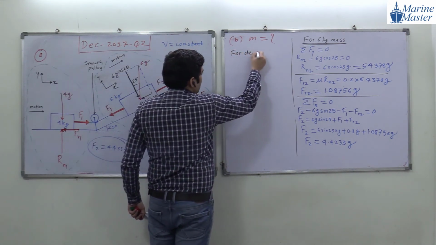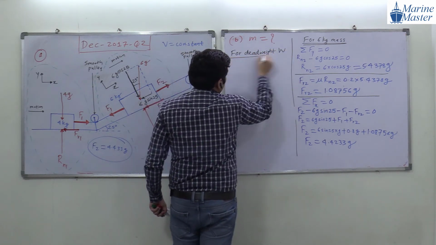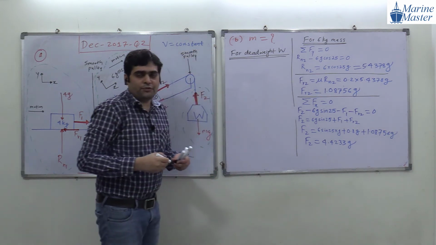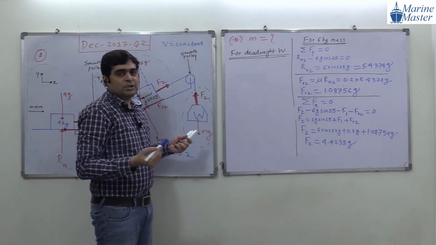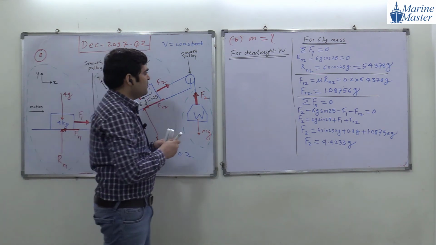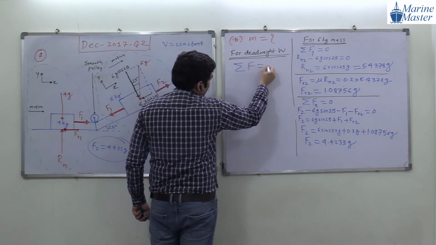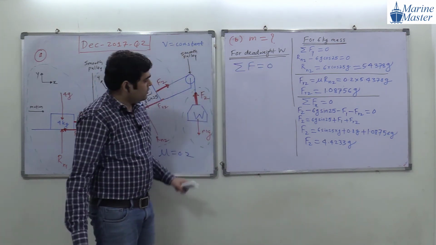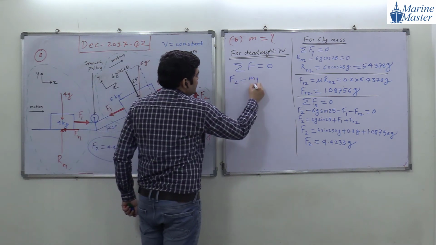For dead weight W, summation of forces equal to 0. No need to take x and y direction because there is only one direction. We will take F2 as positive and mg as negative.